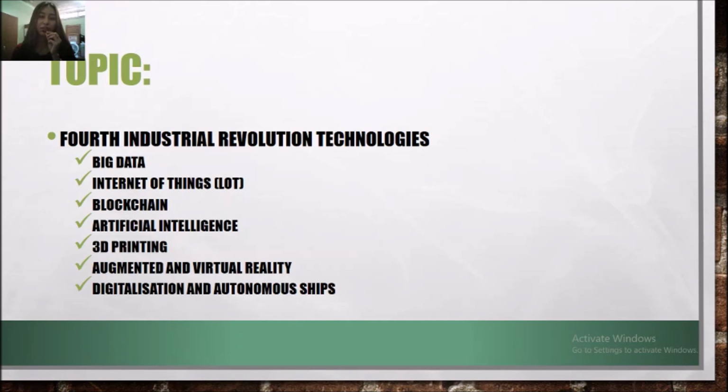What is the difference between augmented and virtual reality, or commonly known as AR and VR. And then lastly, digitalization and autonomous ships. I'm going to discuss a few examples that are happening in a real world scenario. We have digital devices and technologies that we can see on ships.